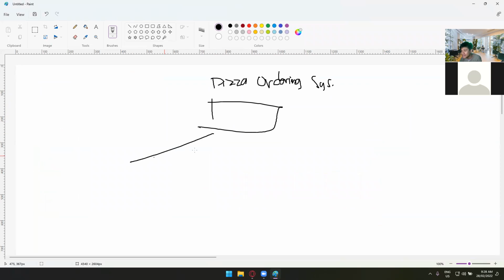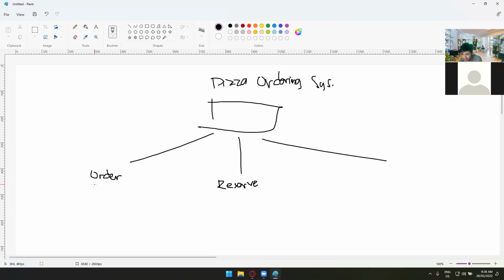And then it was divided into 3 parts. So let's say this is where the customer can order. This is where they can maybe reserve. And this part may be, I don't know, just another feature that you can think of with this pizza ordering system.